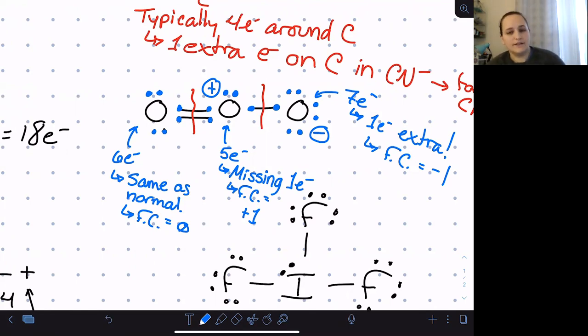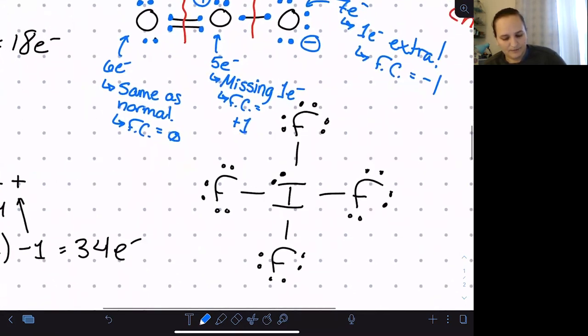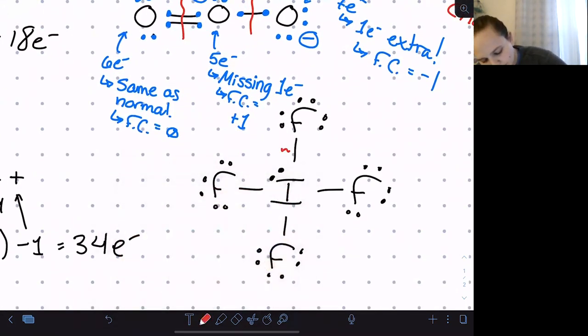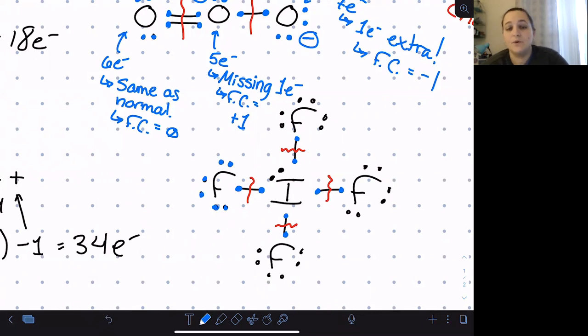And then our last example was the IF4+. So if we once again imagine splitting all of our bonds in half here, they're all single bonds. So 1 electron goes to each side. And then our fluorines each have 3 lone pairs.